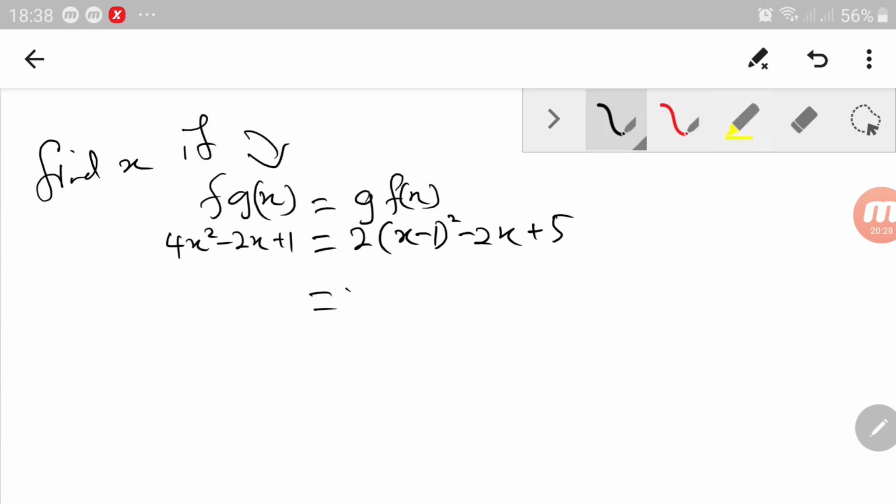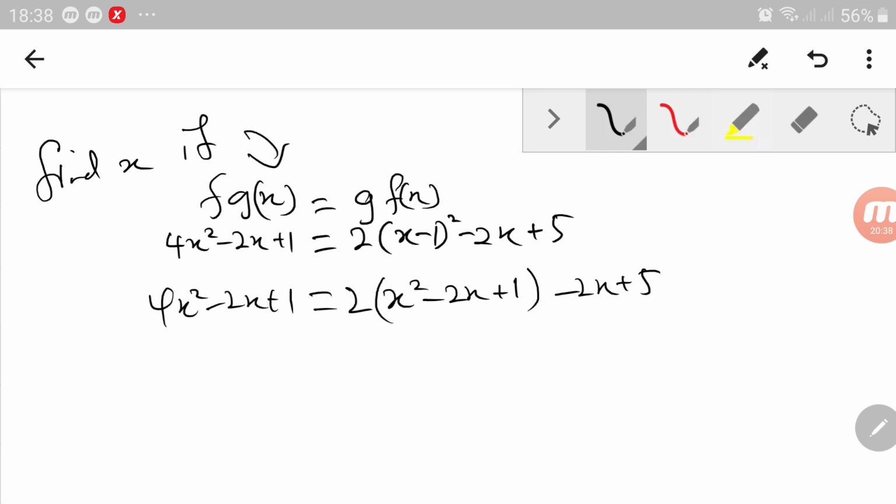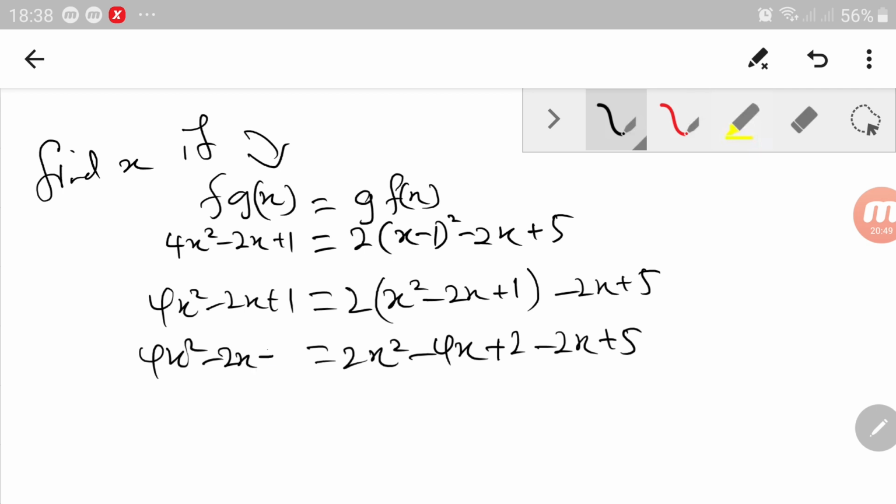So we need to expand that after all. 2x minus 1, minus 2x plus 5, 4x squared minus 2x plus 1. This one 2x squared minus 4x, how much is this? Plus 2 minus 2x plus 5. 4x squared minus 2x plus 1. What to do? X squared, get rid of it. I think bring everything here over there, easy. So 0 minus 2x squared minus 4x minus 2x, 8.